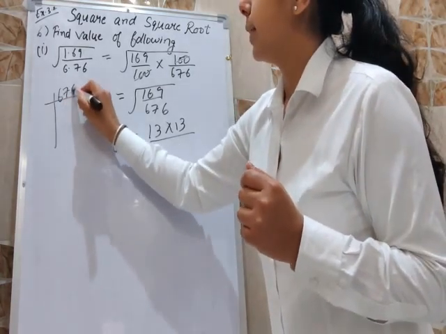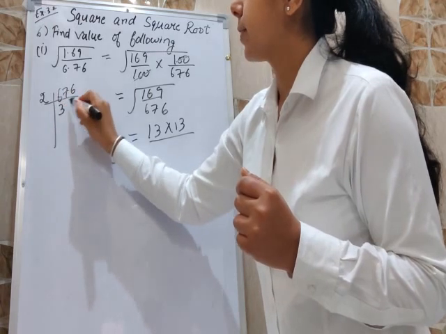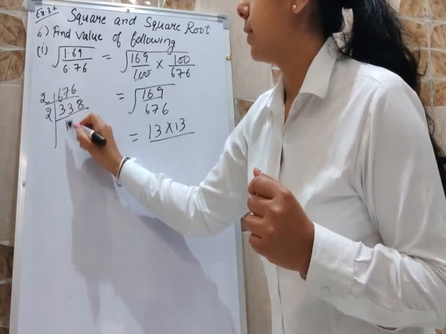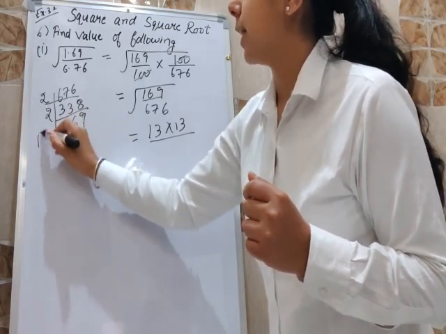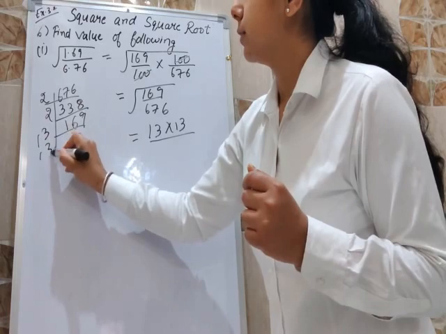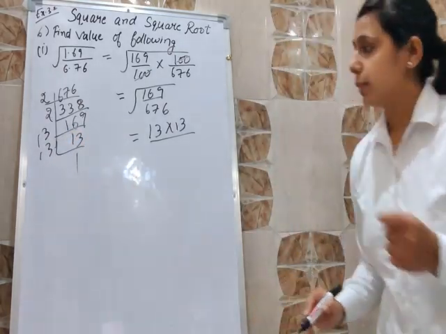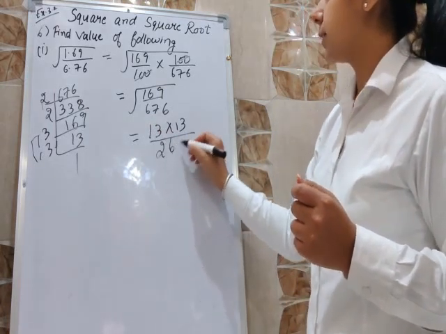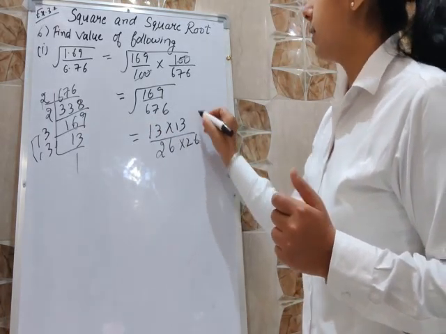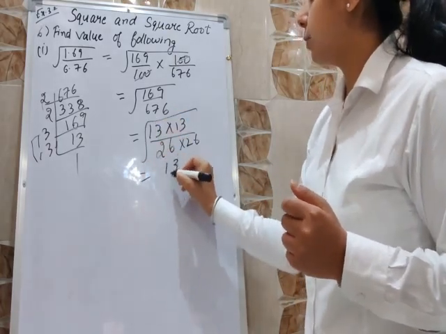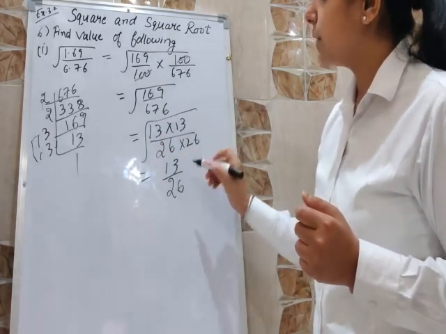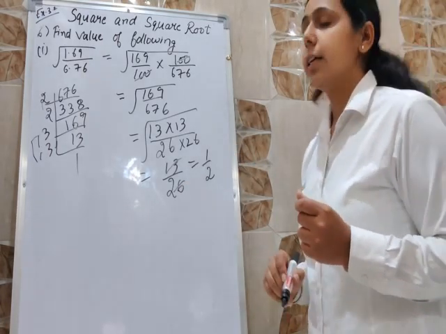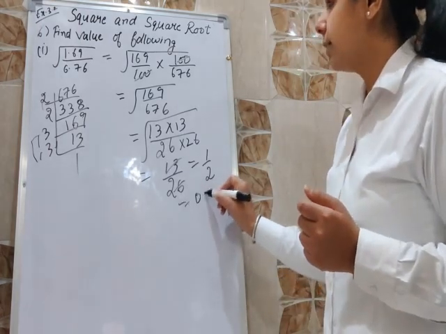So you can make a factor of 676, 338. You will get here 169, that will be 13 and 13. So that means you will get here 13 multiply 2 is 26. So 26 multiply 26, that is 13 over 26. Simplify the equation, you will get here 1 over 2. So the question is given in points, you can write here 0.5.